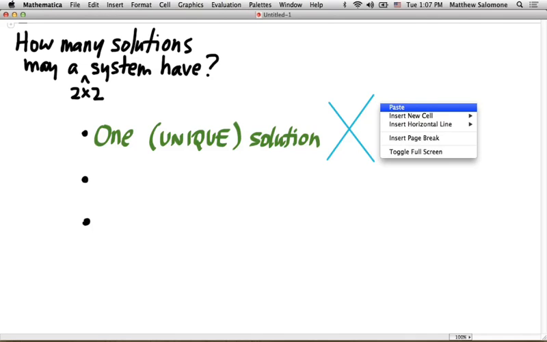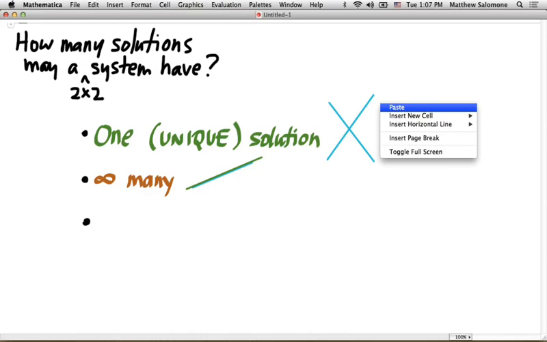But then the examples that you all worked raised what other possibilities? Many solutions. In fact, how many solutions? Right, infinitely many solutions. The case where our 2 lines happen to be one right on top of the other.